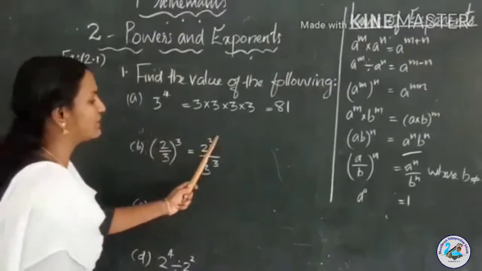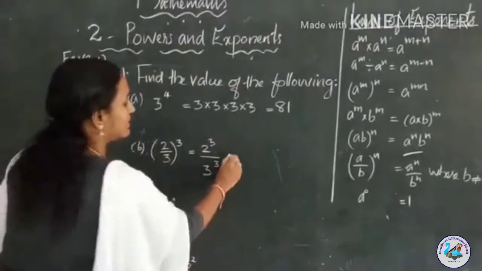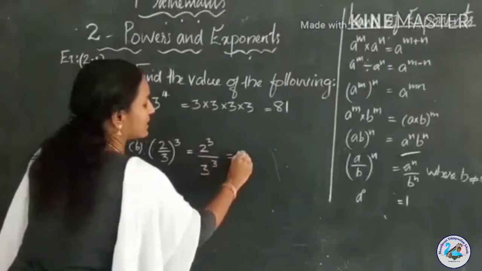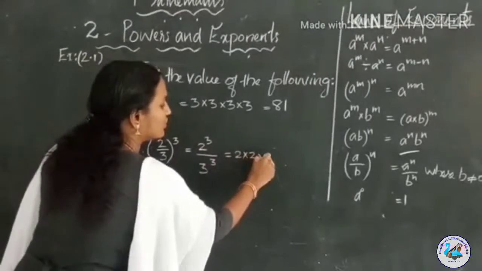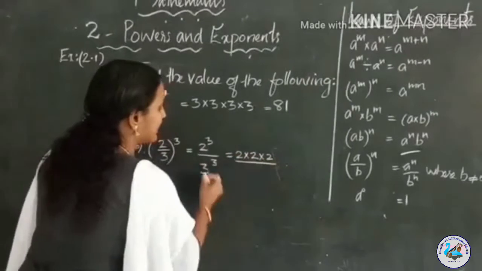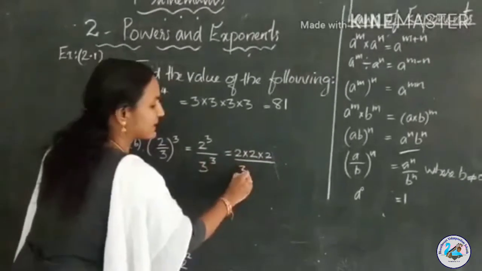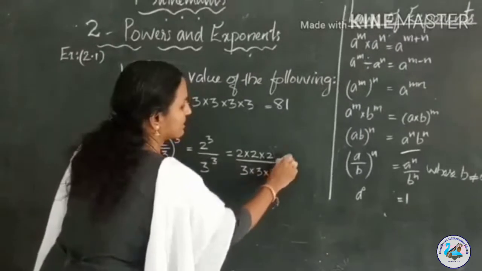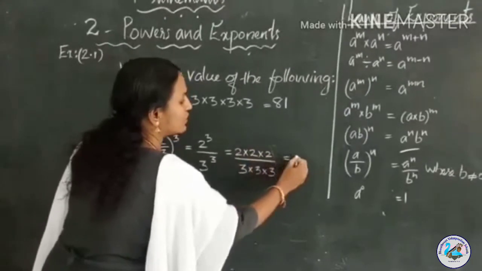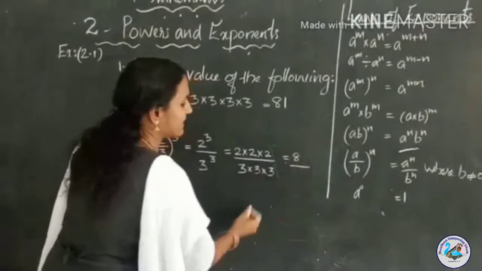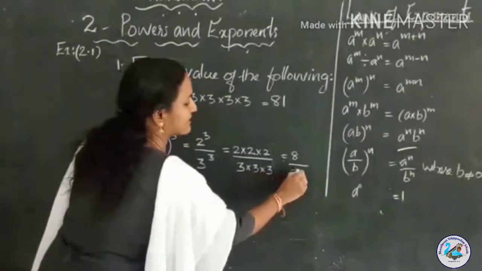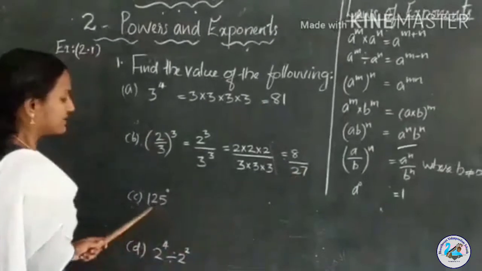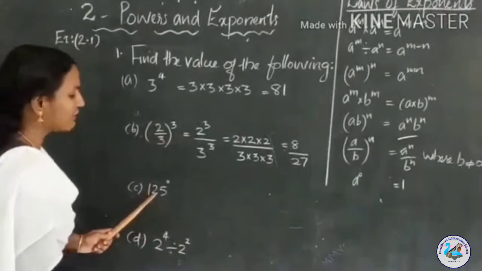So 2 cube divided by 3 cube: 2 power 3 means 2 into 2 into 2, which is 8, divided by 3 power 3, which means 3 into 3 into 3. 3 3s are 9, 9 3s are 27. So the answer is 8 by 27.